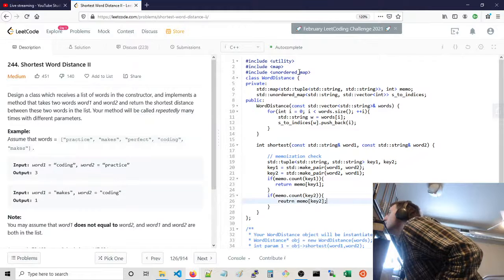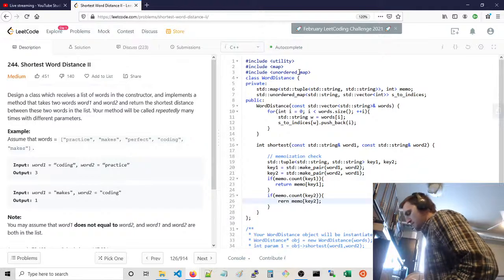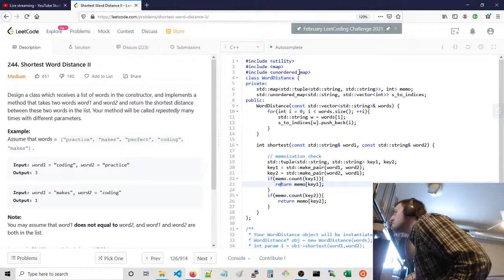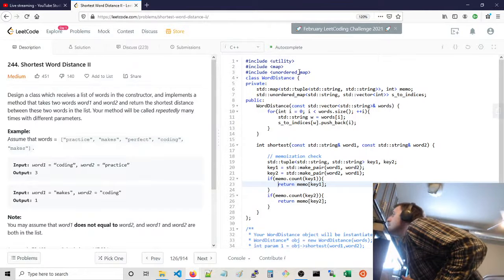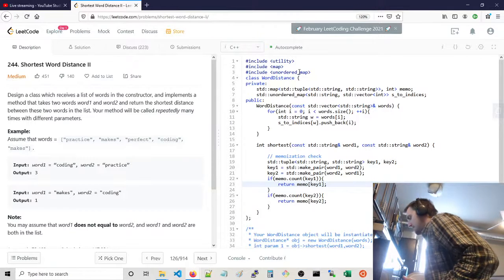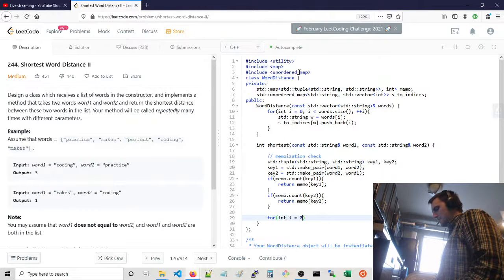Why did I only have 3? If memo count key 1, return memo key 1. If memo count key 2, return memo key 2. Key 1, key 2 memoization check. Yeah, that's fine.